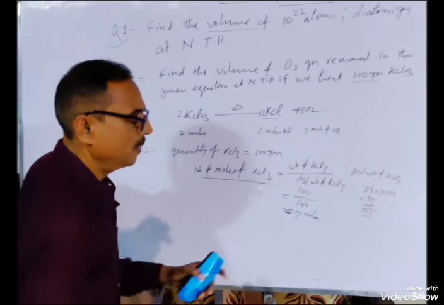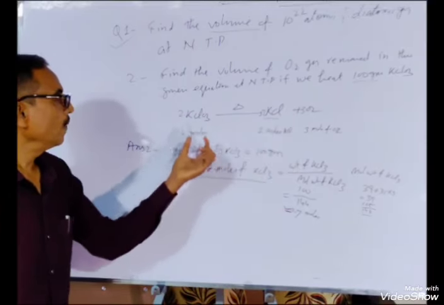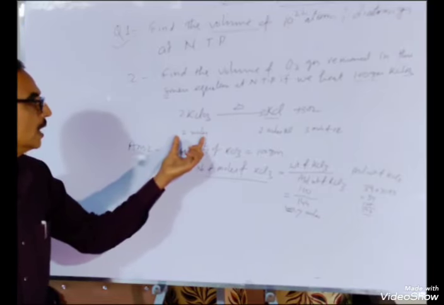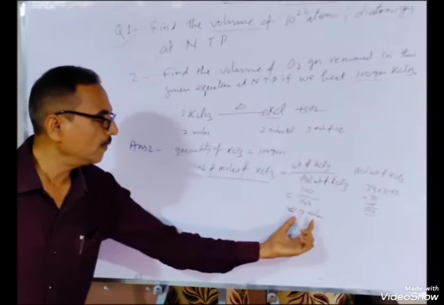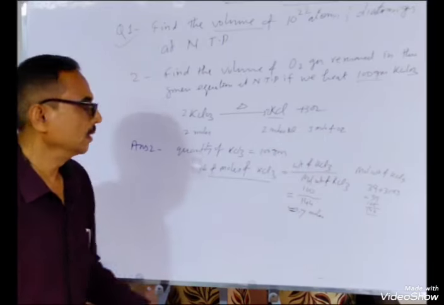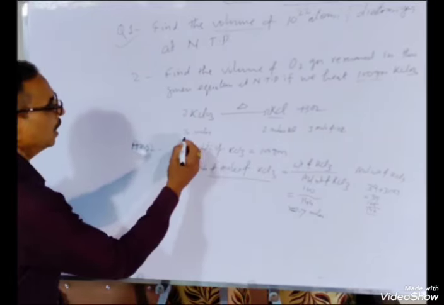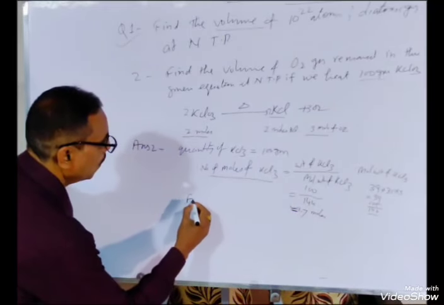Approximately 0.7 moles. So from this equation you see 2 moles of KClO3 give 3 moles of oxygen.